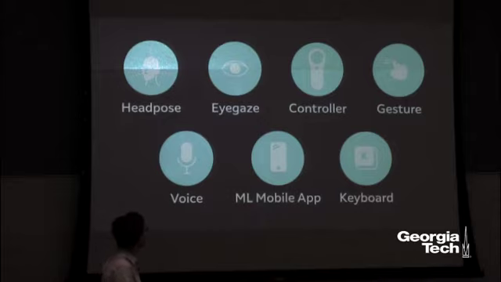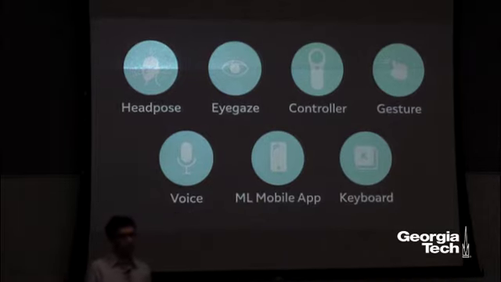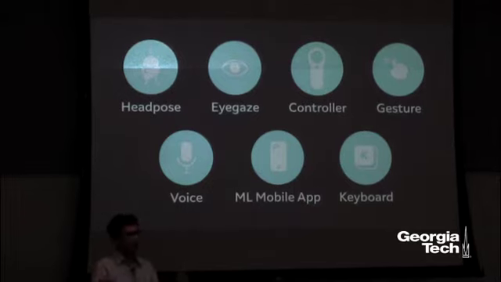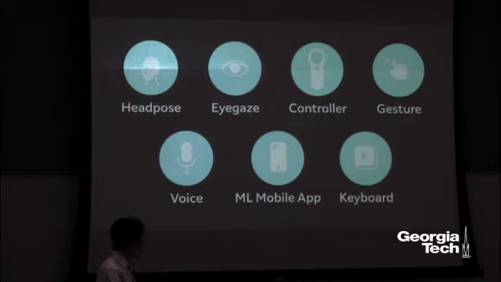So we have head pose, which is our SLAM solution. As I move around in physical space, I want my content to stay in the same location. So I need to be able to track my location with respect to my environment, and that way I keep placing the content in the exact same location so that it appears the content does not move. That's what head pose, or our SLAM stack, is.